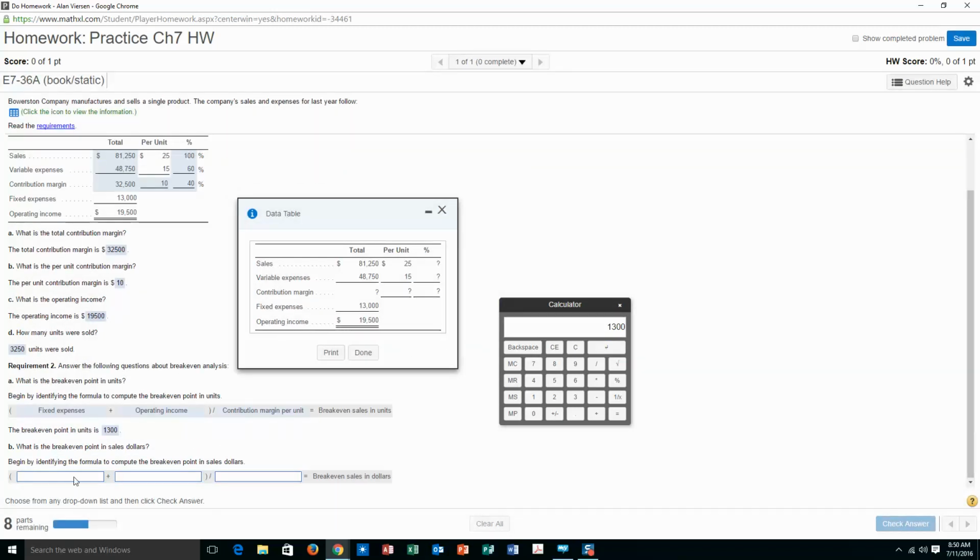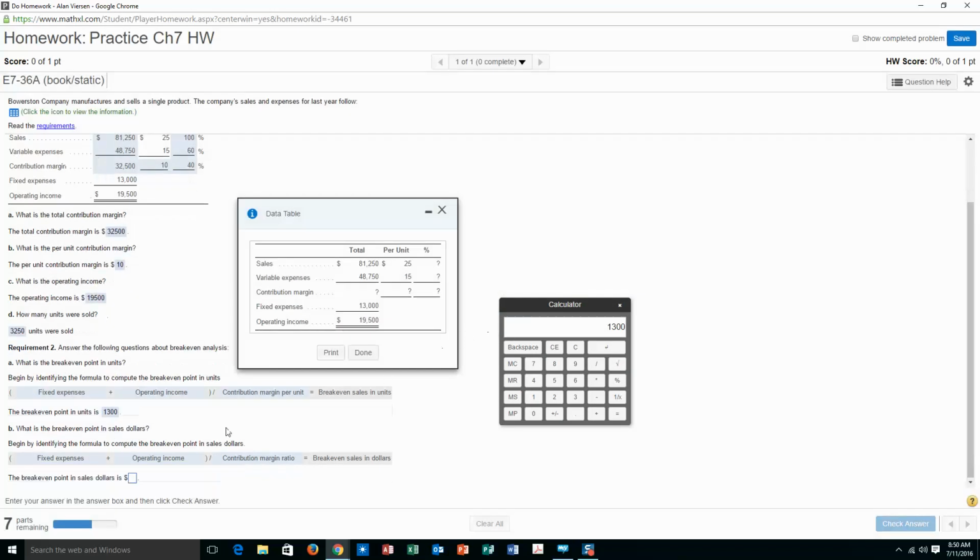Now, break even in sales dollars: same thing, fixed expenses, operating income of 0. Later on, we'll use operating income if we want to have a targeted profit. That's where we put that. Now we're going to divide it by the contribution margin ratio.